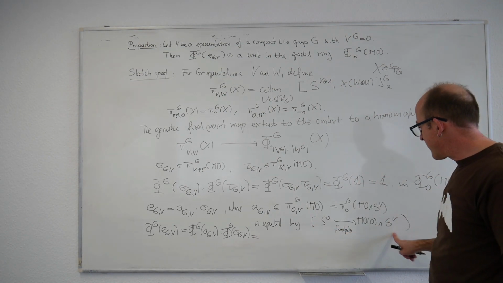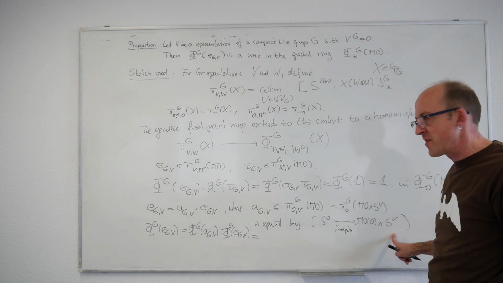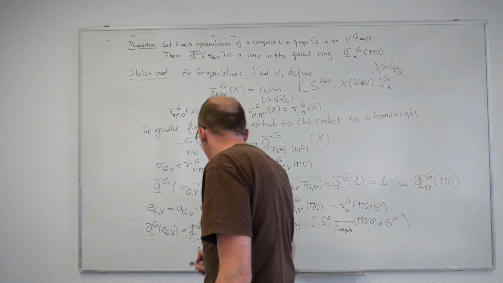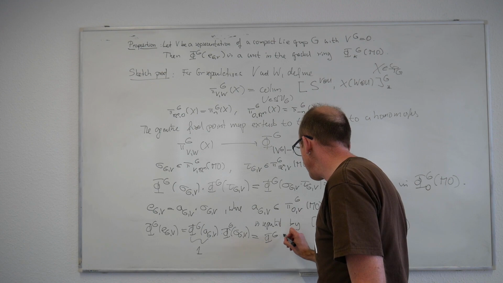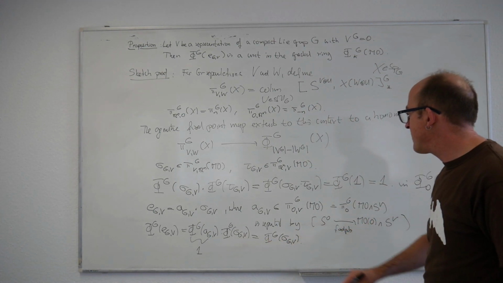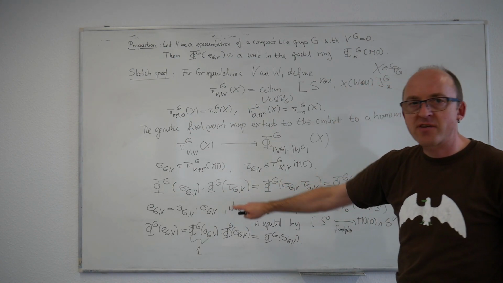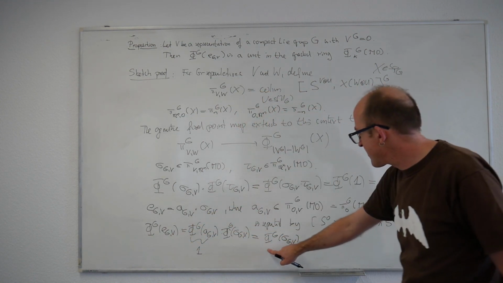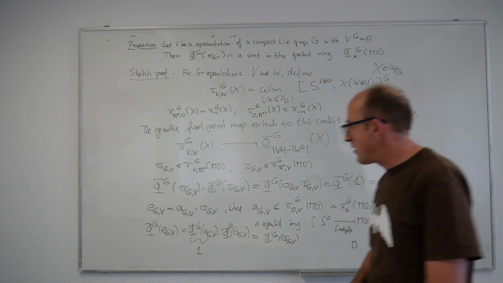So after I've taken fixed points of this, I essentially get the identity of S0 with S0. So this element is actually 1. So this all together is phi G of sigma G, V. But this element in the geometric fixed point homotopy group is a unit. Here's its inverse, the geometric fixed points of the inverse Thom class. So this is showing that this is the same as this, which is a unit. So this is the unit, and this is the end of the argument.